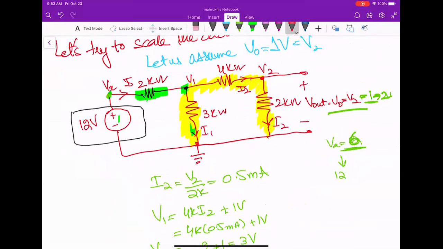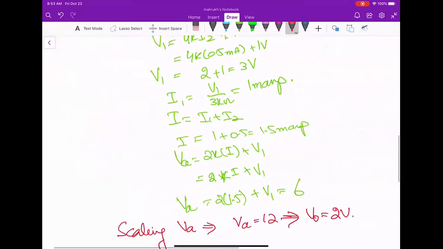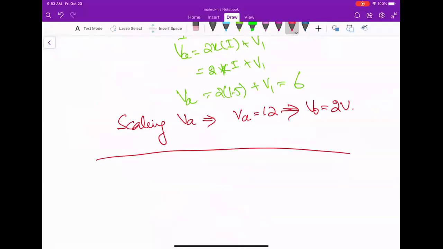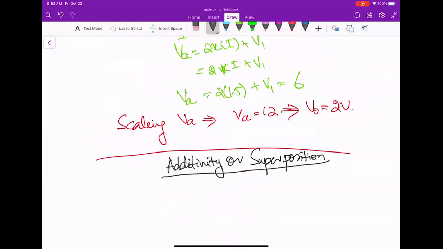Okay, so we did scaling. Why I introduced scaling, we will know later. But now I want to introduce another principle, that is additivity or superposition. So what is additivity or superposition? The principle of superposition suggests that we should simplify the circuit by reducing the number of sources.